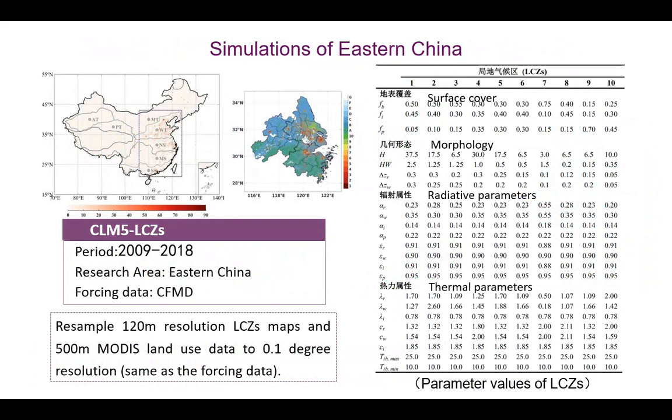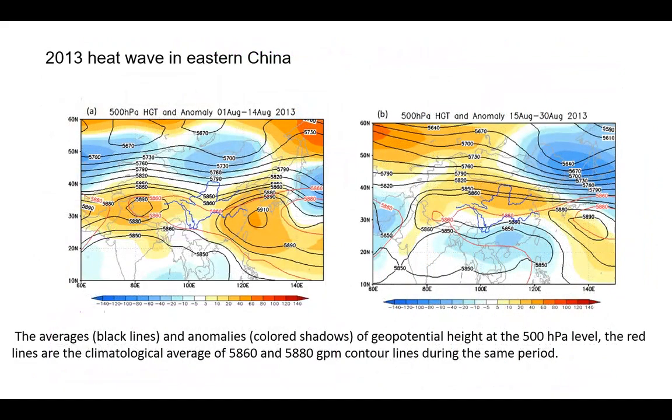Furthermore, we carried out a long-term simulation covering the whole of eastern China, including the most urbanized areas in China. The simulation period is 20 years, and the first dataset is CLM5 as mentioned before. In this talk, we only focus on the results of 2030, because in this year a nearly 1 month heat wave occurred in eastern China and covered almost all of eastern China.